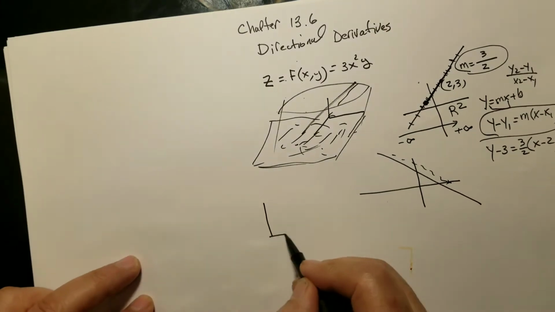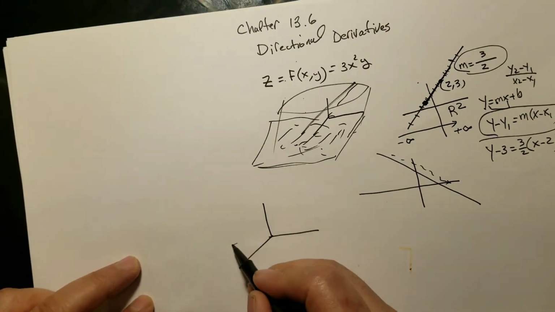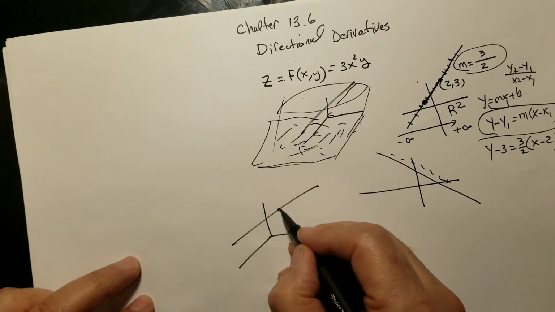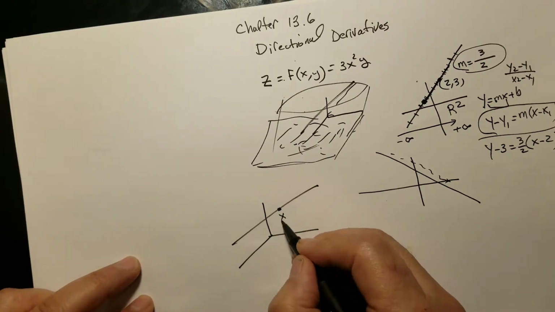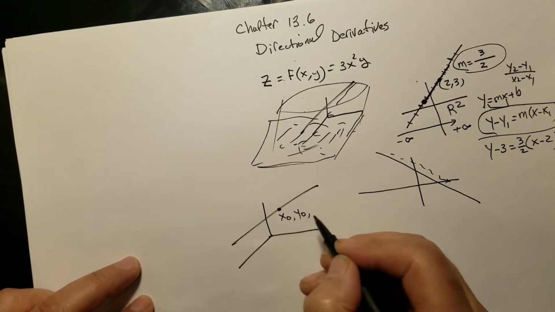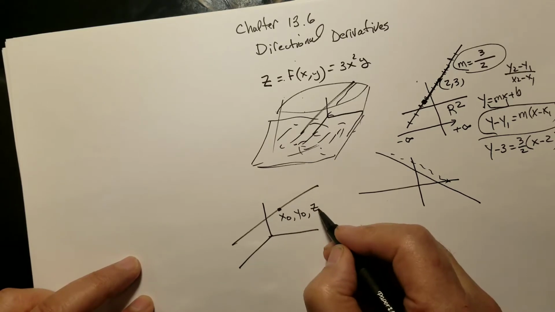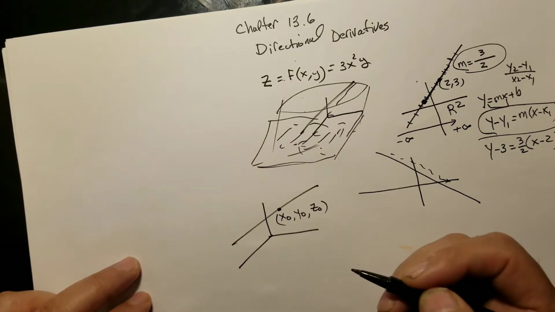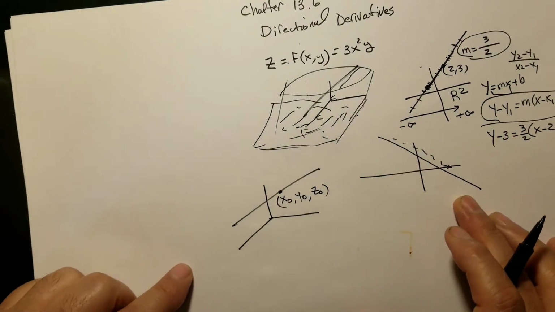Then somebody said, what happens if I'm in 3 dimensions? What is the equation of a line? You have to give me a point, and that point must have an x, y, and a z. But you have to give me the slope.